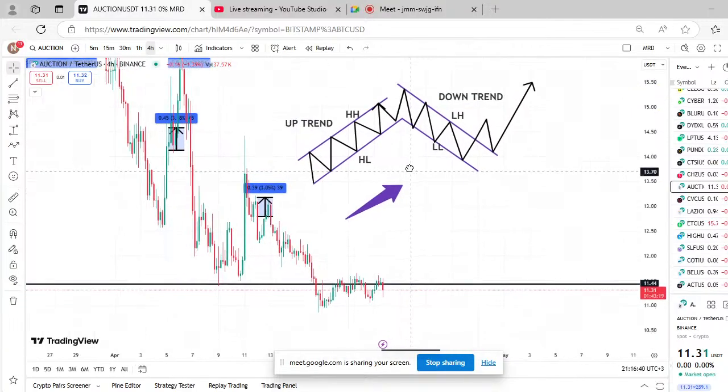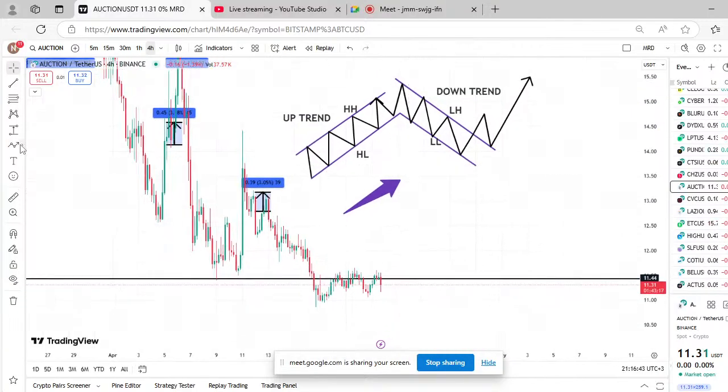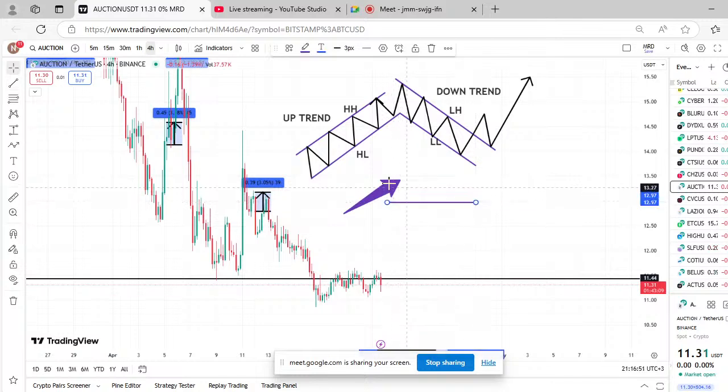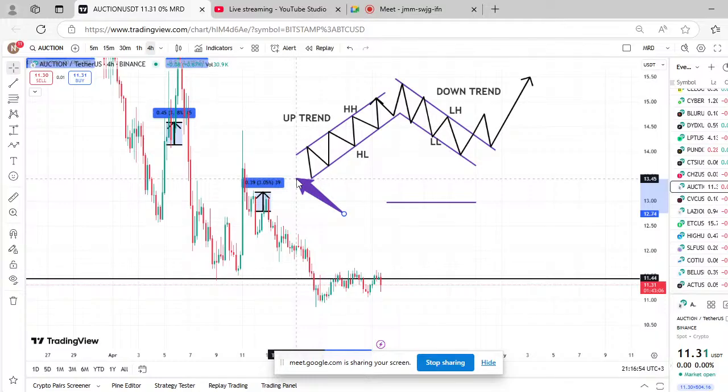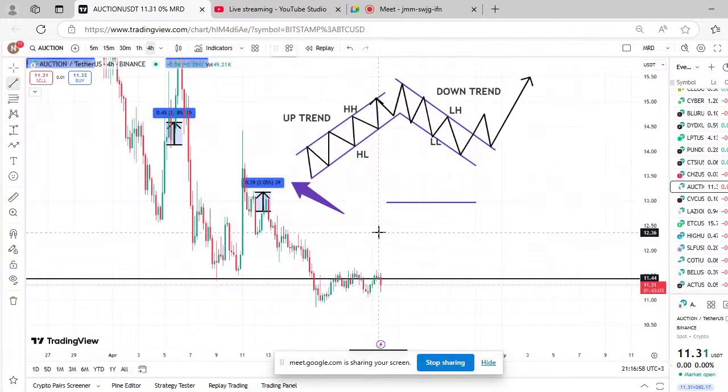And again, we have what we call the ranging, or the sideways. Let me remove this. It should be in this way. It always has equal lows and equal highs. That is the ranging.